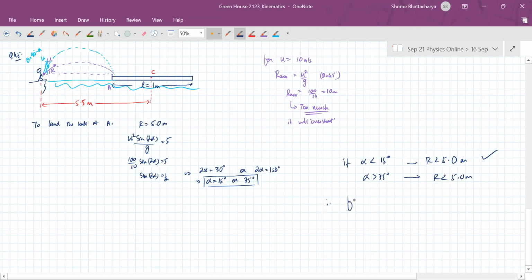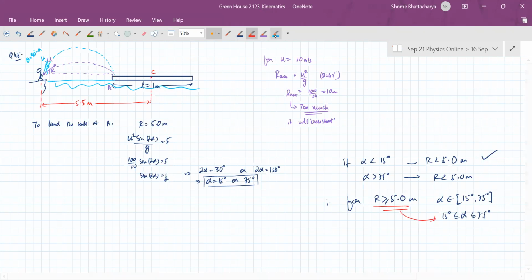So therefore, for the range to be greater than or equal to 5.0 meters, alpha should either belong to the interval 0 to 15 degrees. Sorry, it should not be 0 to 15. It should be in the range of 15 degrees to 75 degrees. Alpha should be greater than or equal to 15, but less than or equal to 75 for this condition. Now this condition doesn't ensure that we also want that it should not go beyond the point B.